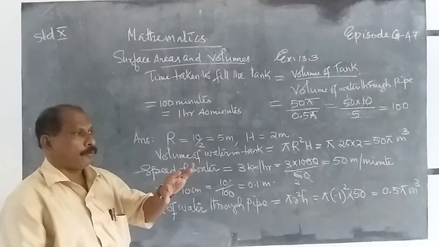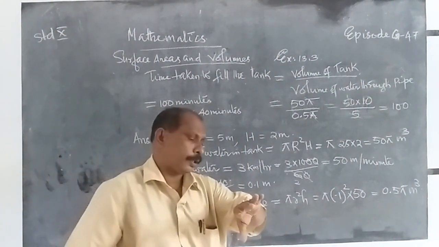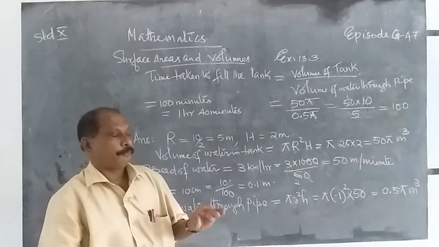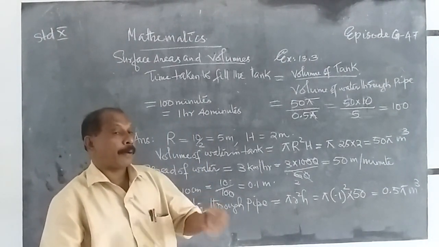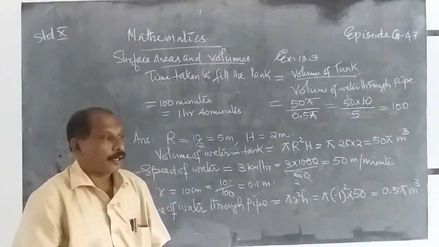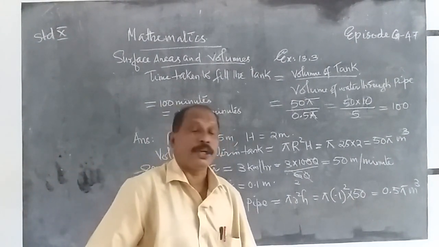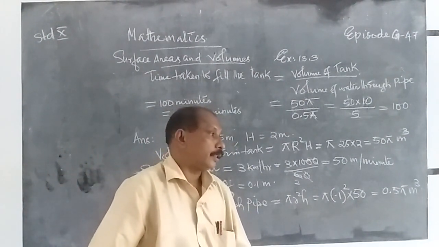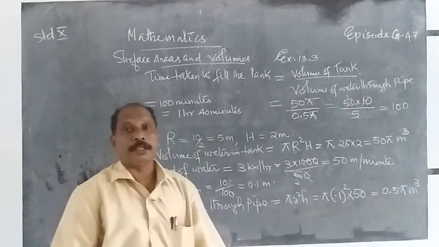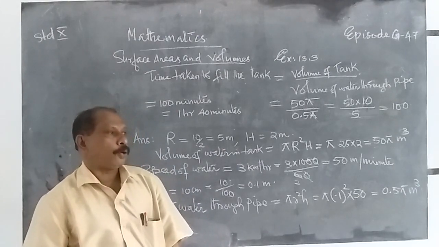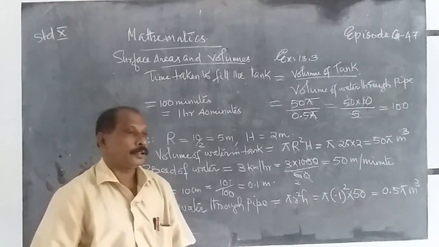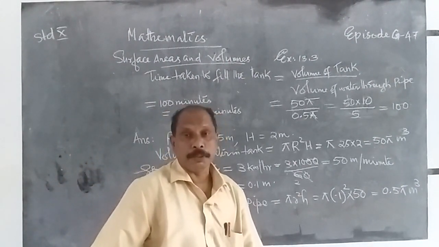Therefore, the volume of water through pipe in 1 minute is equal to pi r square h, which is pi into 0.1 square into h, that is 50 meter per minute. 0.1 square is 0.1 into 0.1, that is 0.01 into 50 is 0.5. That is 0.5 pi meter cube of water.